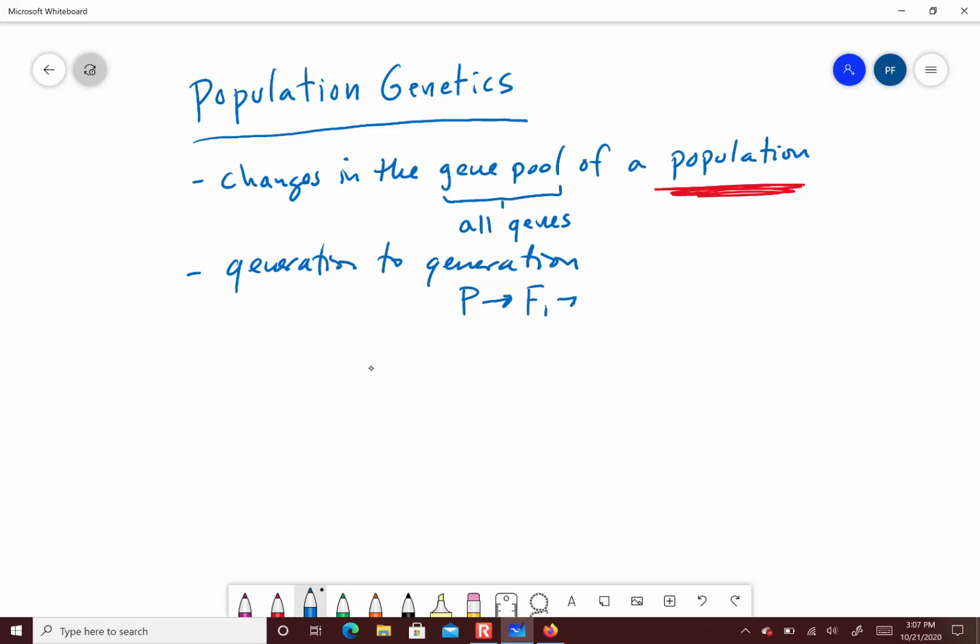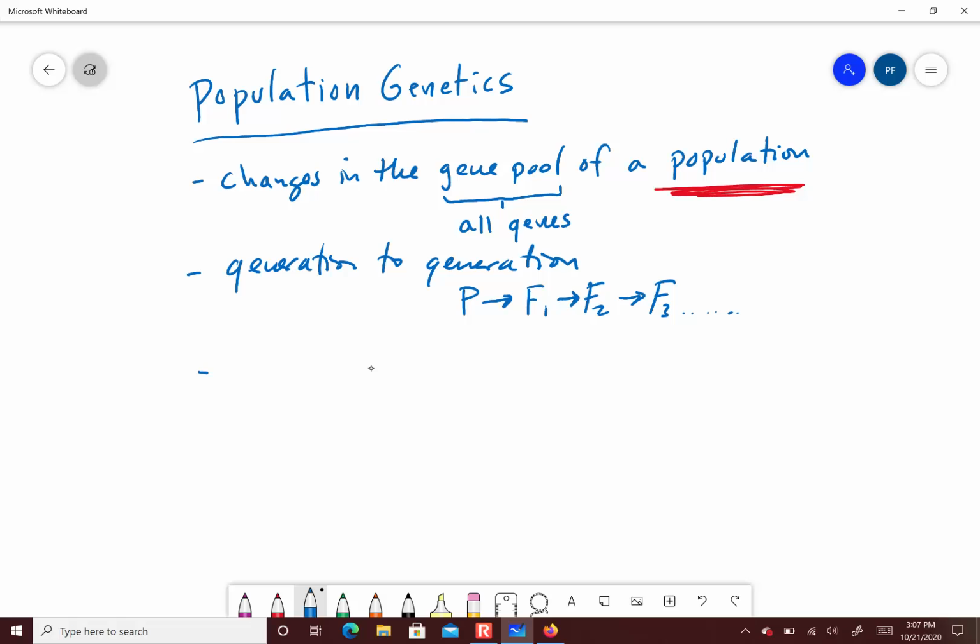So P made F1, F1 made F2, F2 made F3, etc. That's what we're talking about here, generation to generation. Evolution's a slow process, so it's not something we see from F1 to F3. We could technically be talking about F2 billion, so that long, gradual generation to generation change in our gene pool.